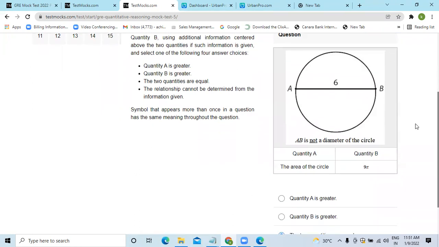I'll do this one. AB is not the diameter of the circle. It's 7. Quantity A is greater, sir.